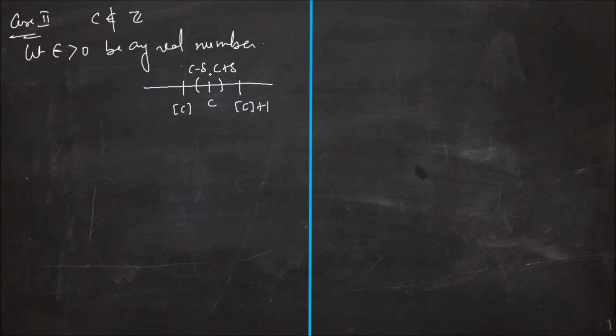So let delta equal to the minimum of half of this distance, which is (c minus [c])/2, and half of this distance.